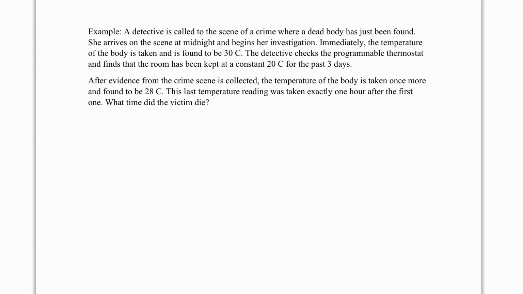Now, if you think about this question, it's kind of intriguing, a little morbid, definitely, but very interesting because the human body, of course, has a regular temperature. The human body should be, when alive, assuming you're not running a fever, about 37 degrees Celsius.